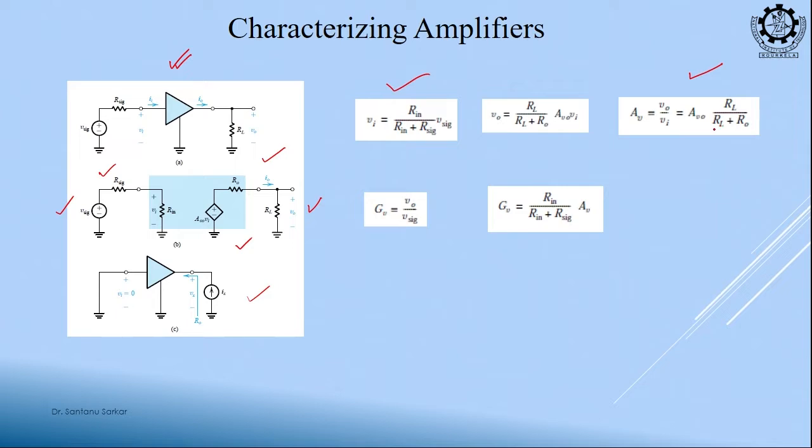Now, if you replace this Vi with Vsig, then this term will come, right. V0 is a function of Vi. Now, if you want to make V0 a function of Vsig, you need to replace Vi by Vsig. Okay, that is it.